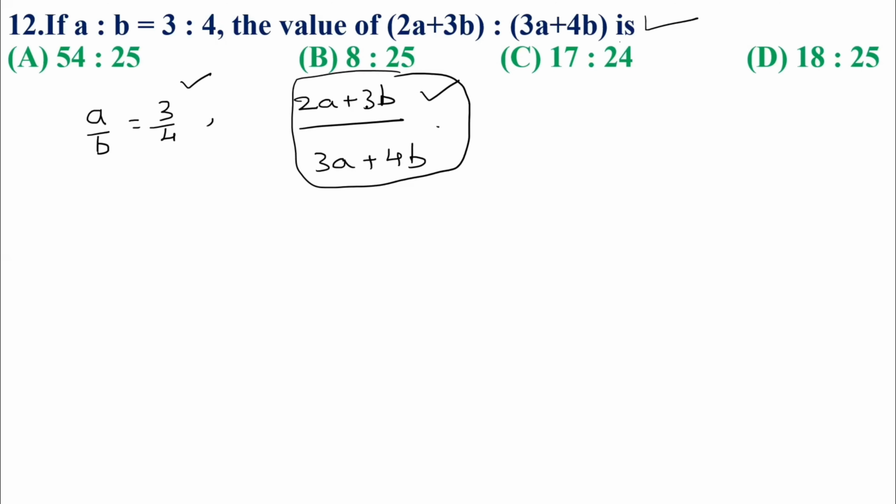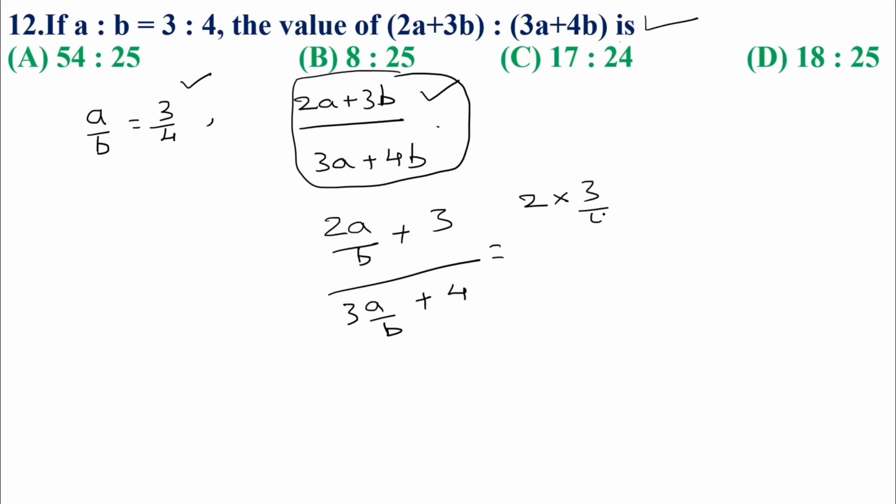Here 2A plus 3B is there. Divide the numerator by B and the denominator by B. So this will become 2A by B, then 3B by B becomes 3 only. This will become 3A by B. I am dividing the numerator and denominator by B in order to get A by B. So 2 times 3 by 4, A by B they have given 3 by 4, and 3 times 3 by 4.